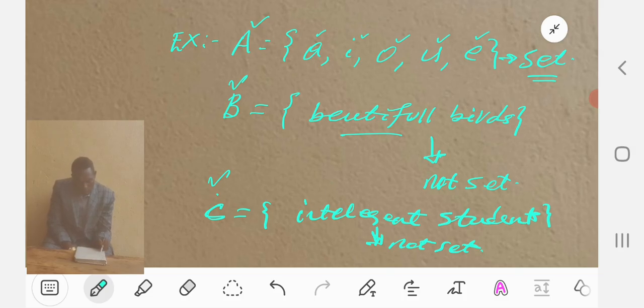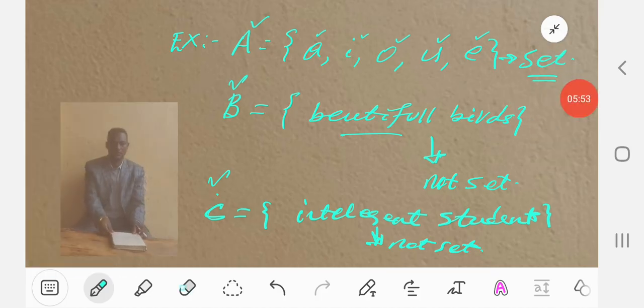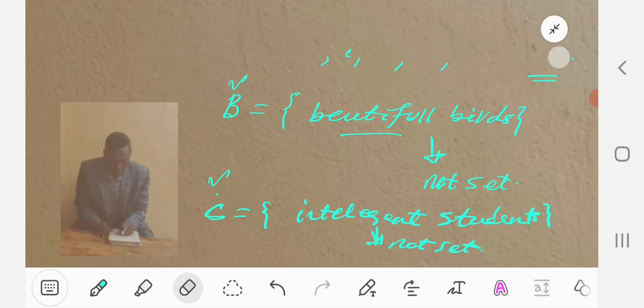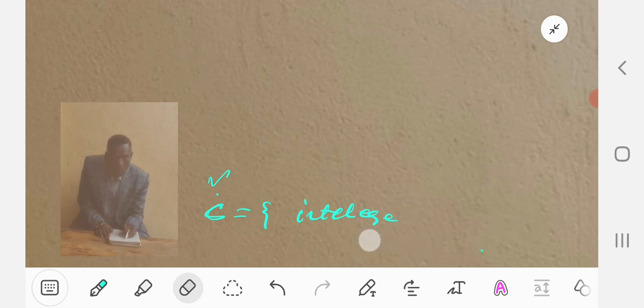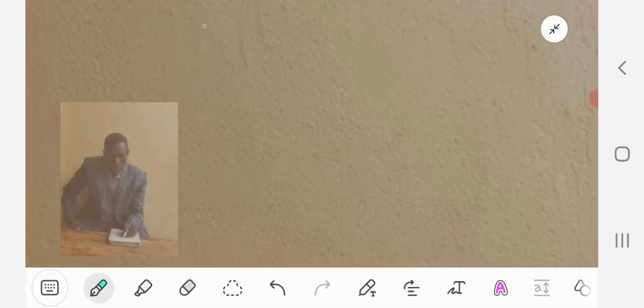Now, after this, we will depend upon collections which are sets. Okay, let's continue, students. Let's clear this one and let's talk about the set in another form or in another method. This is another definition. Let's define set.